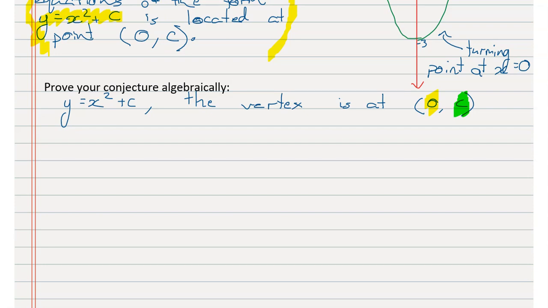Now how could I do that? Well, simply using this equation here, y equals x squared plus c. If we consider what the roots will be in this particular equation, the roots of the equation are always going to be at y equals 0.